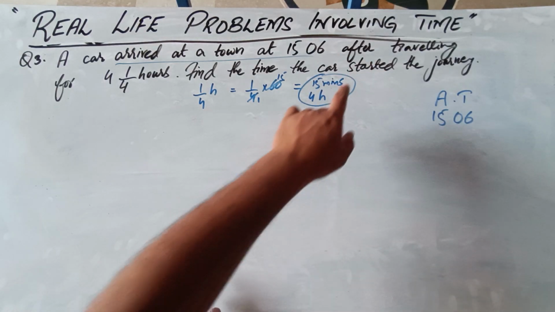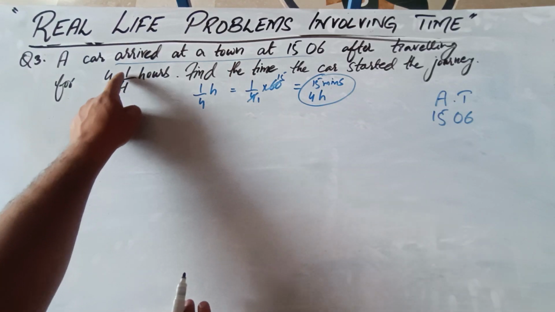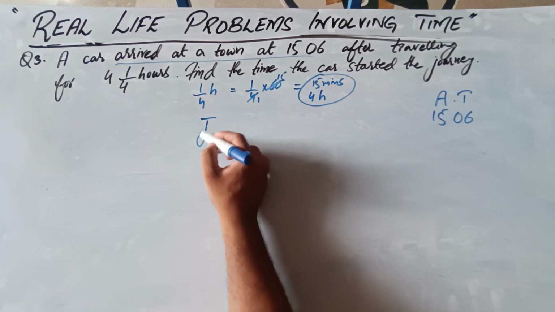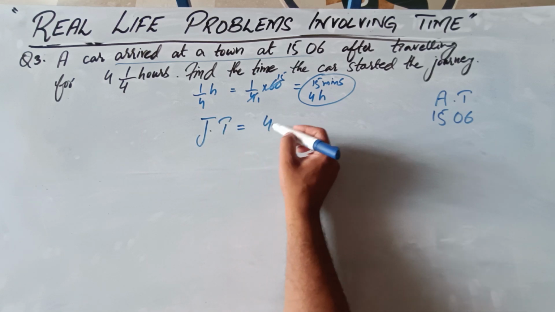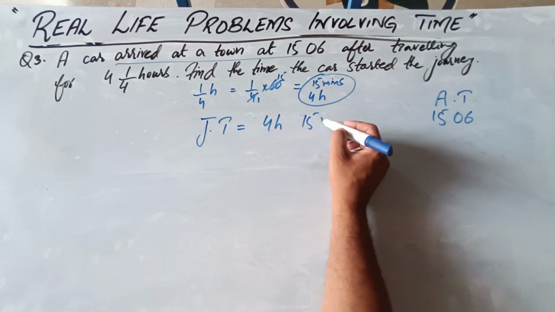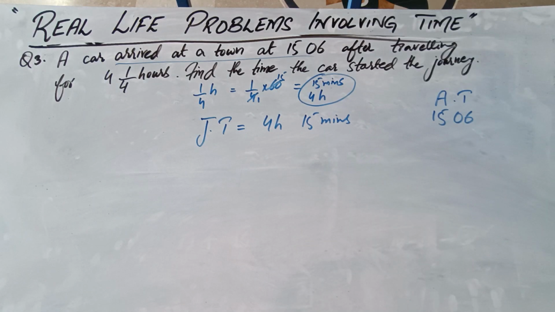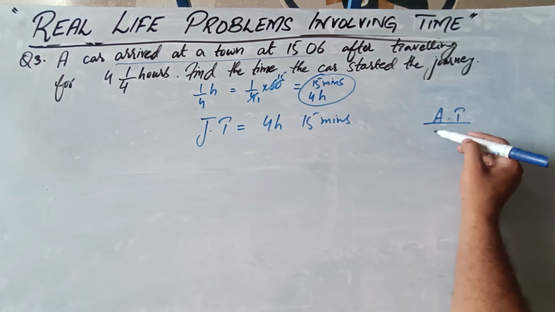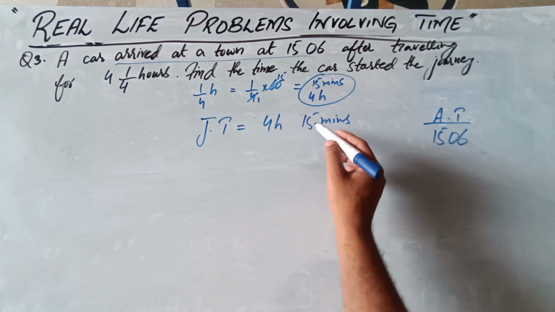Now let's read it again. After traveling for 4 and 1/4 hours, this is the journey time. So the journey time given is 4 hours and 15 minutes. Now this is very important: the arrival time is given, which is 15:06. Journey time is given.